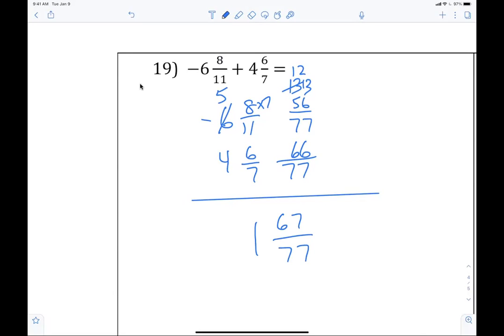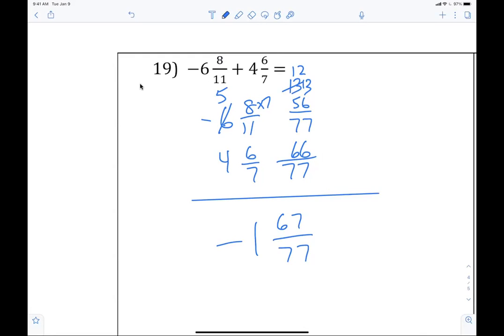Positive or negative? Negative, because the 6. Yes, exactly. I'm just a little confused by the 67 because I got two. Like, I don't understand how we got to 67. Because I did 133 minus 66. What did you do? That's what I did, 133 minus 66, but I just didn't get the same answer.